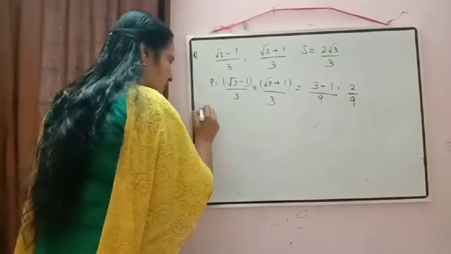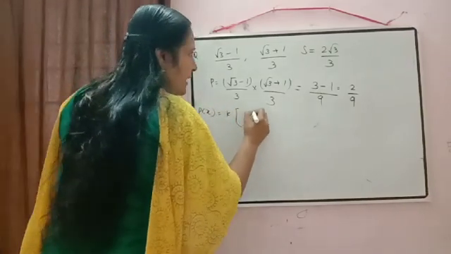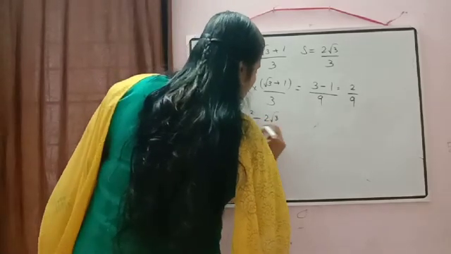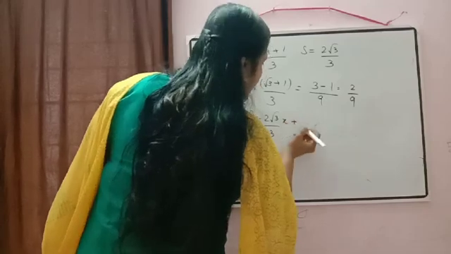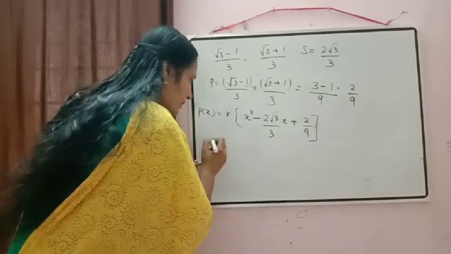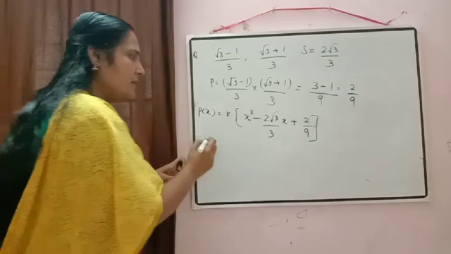Now we will write down the polynomial. P of x is equal to k into x square minus sum of the zeros, 2 root 3 by 3, into x plus product of the zeros, that is equal to 2 by 9. Now we will take k is equal to 9.